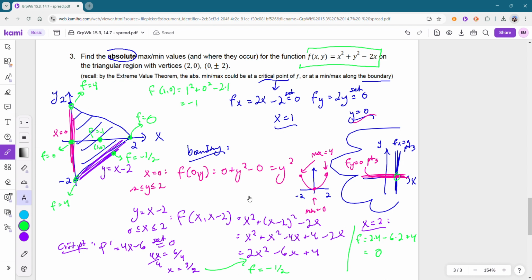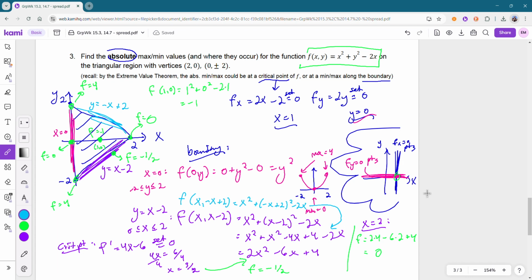Now, we technically should look at this top side as well, which has equation -x plus 2. But I claim that when we plug that into our function, -x plus 2, which is x squared plus -x plus 2 squared minus 2x, because of the square, we're going to end up with exactly what we had before.